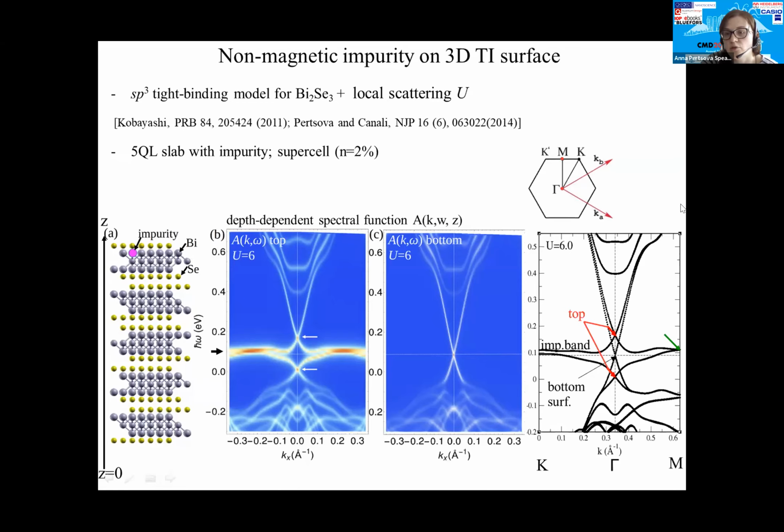This particular situation happens when the impurity resonance falls exactly at the energy of the Dirac node.